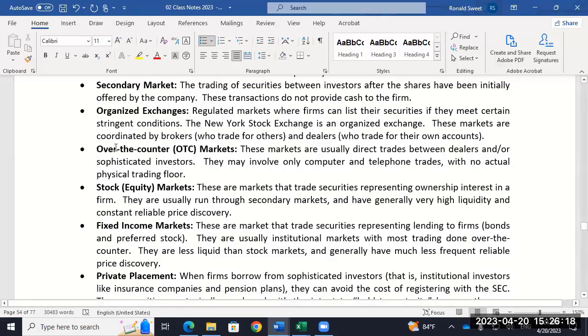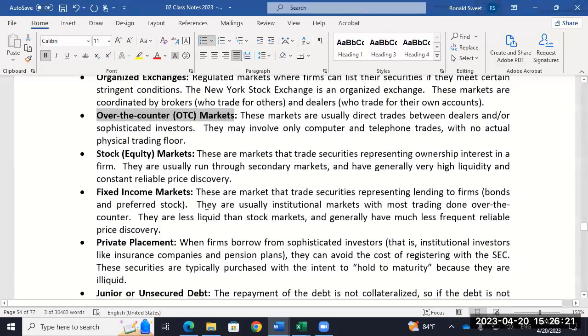So those are organized exchanges. There's also over-the-counter exchanges. That's when you're dealing with two really sophisticated investors. Most of the bond market is over the counter. Stocks are organized exchanges. Derivatives tend to be organized exchanges. But things like bonds and swaps tend to be over the counter.